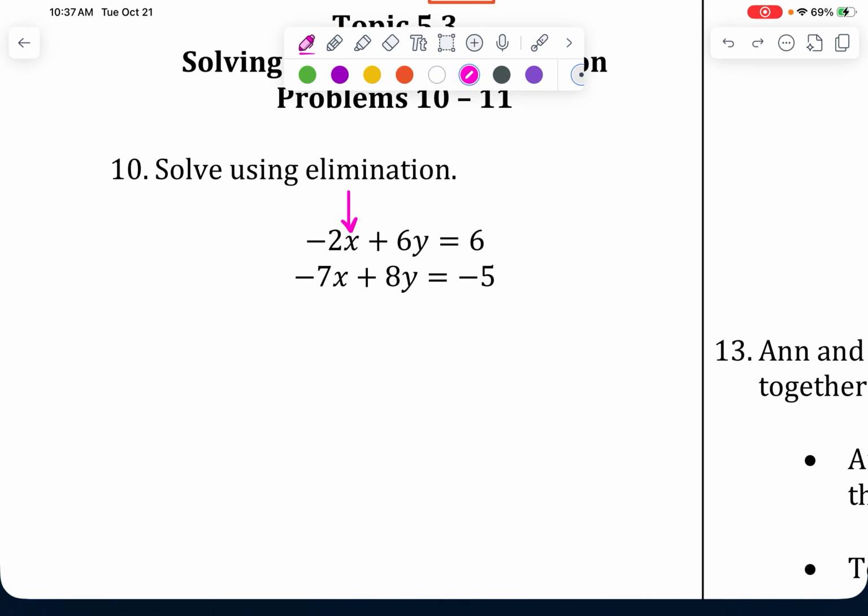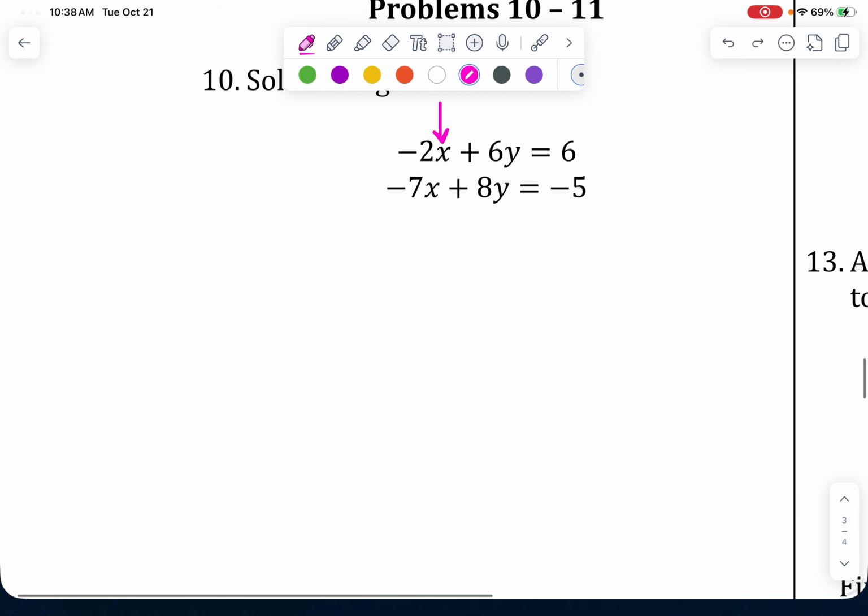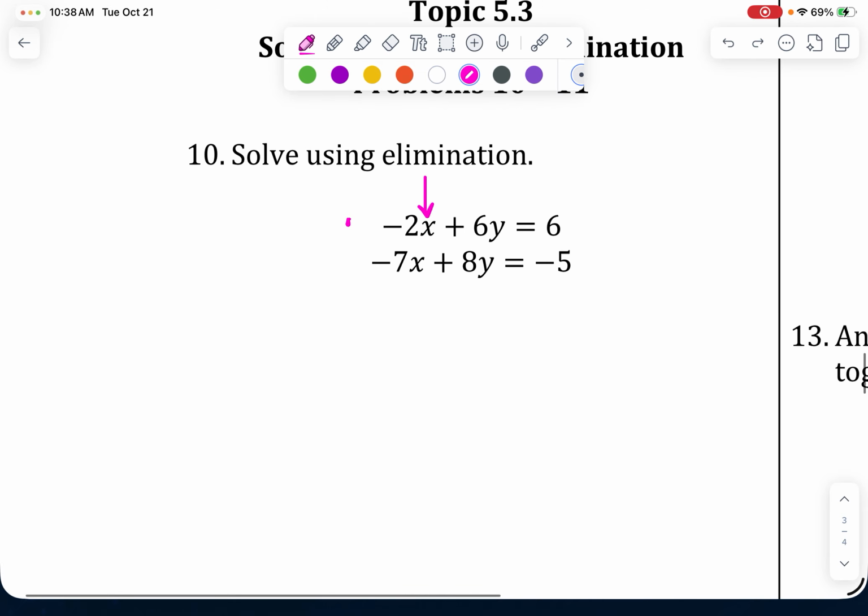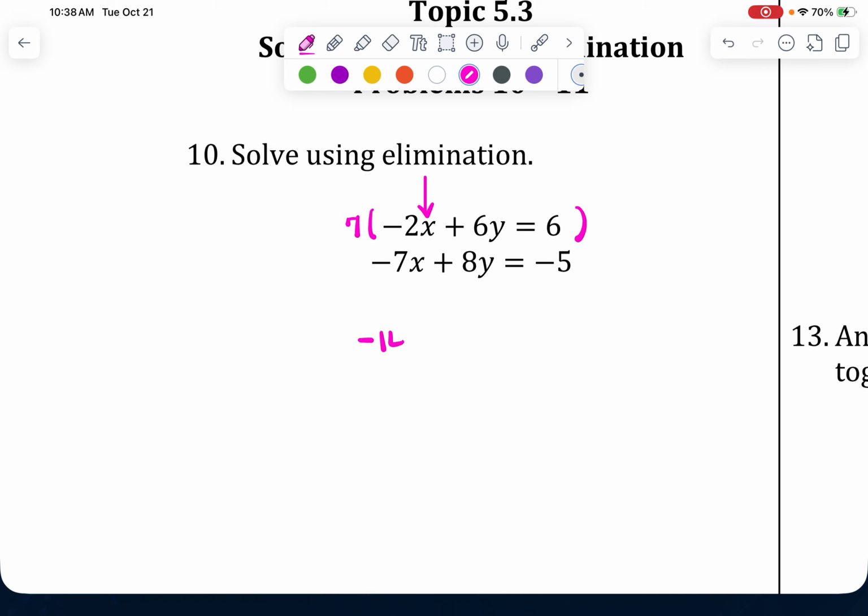So I need to turn one of these x terms into a positive 14x, and I need to turn another one into a negative 14x. It doesn't matter which one. So I'm going to multiply the top equation by 7. So notice when I do that, that's going to give me negative 14x plus 42y equals 42. Don't forget to take the 7 all the way across to everybody.